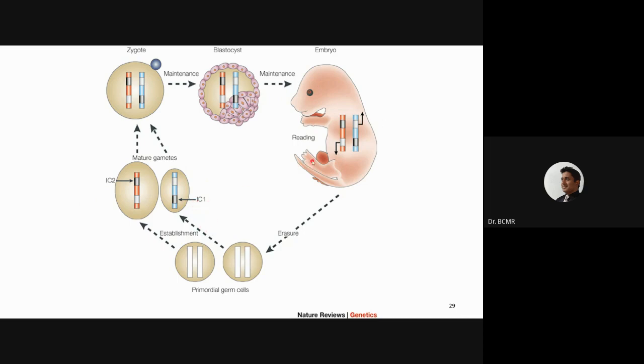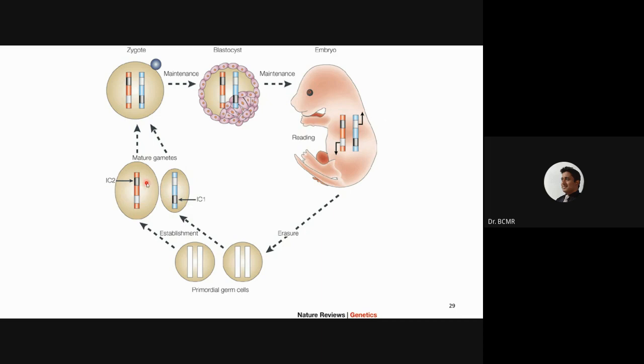Say, for example, if this embryo is male and it produces sperm, the IC1 of all the sperms will be methylated or imprinted. If this embryo is a female, then the IC2 will be methylated in all the eggs that it is producing.